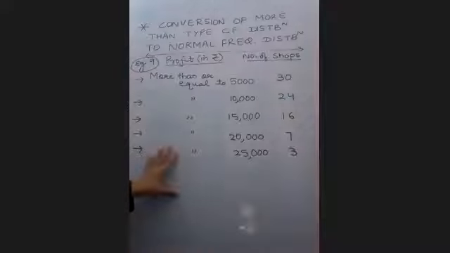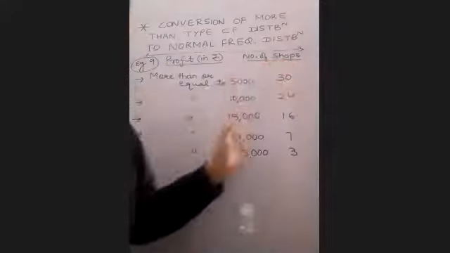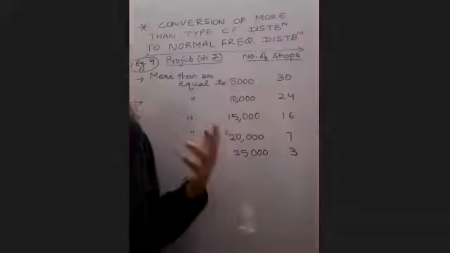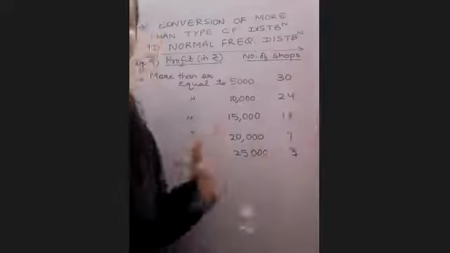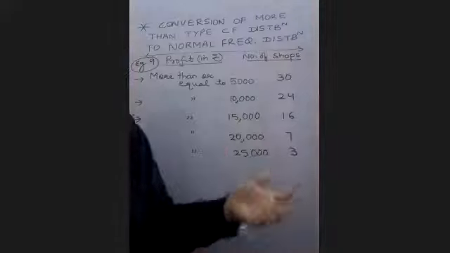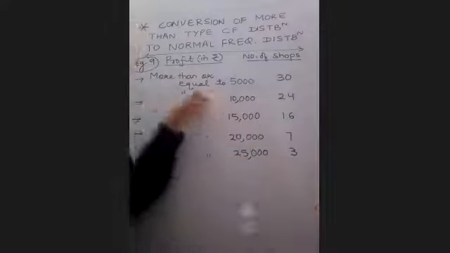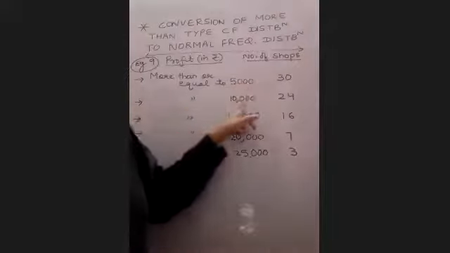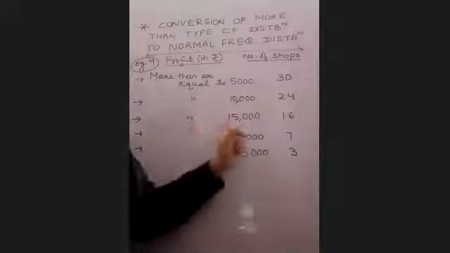Now children, here we are given profit in rupees and number of shops. So in a market, we are assuming there are certain number of shops and we are given how many shops are having profit on a certain day or maybe in a certain month more than or equal to rupees 5,000, more than or equal to rupees 10,000 and so on.